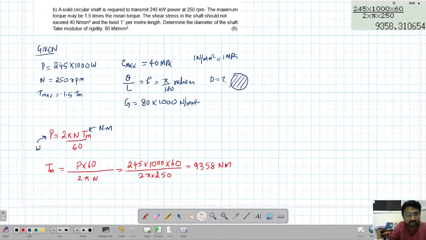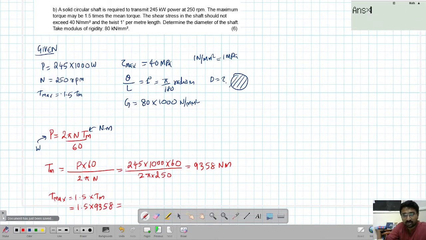So the maximum torque is 1.5 times mean torque, which is 1.5 times 9358. This times 1.5 gives 14037 Newton meter.